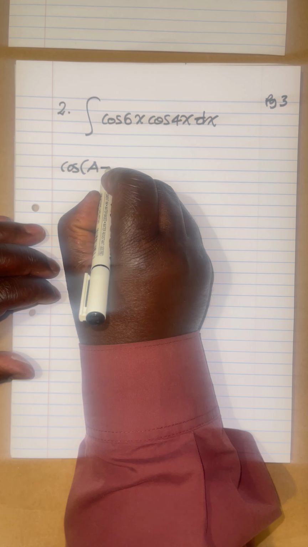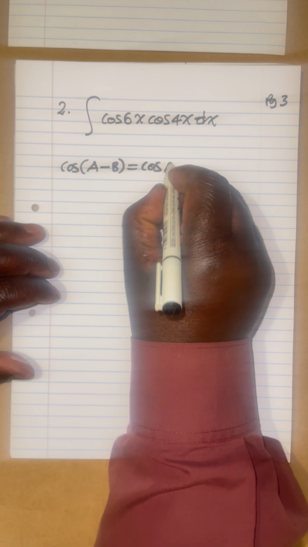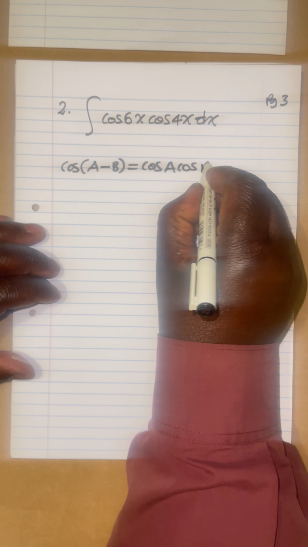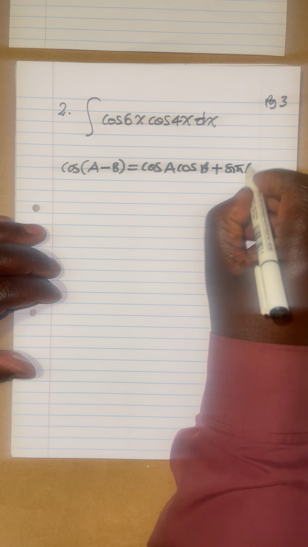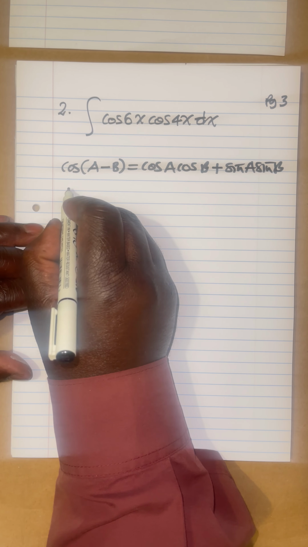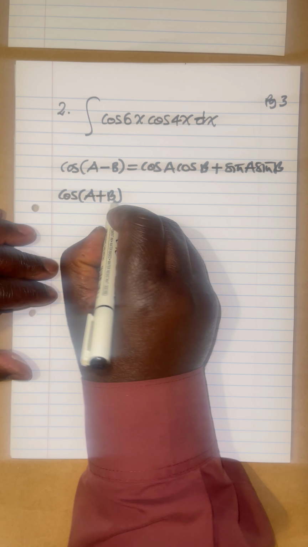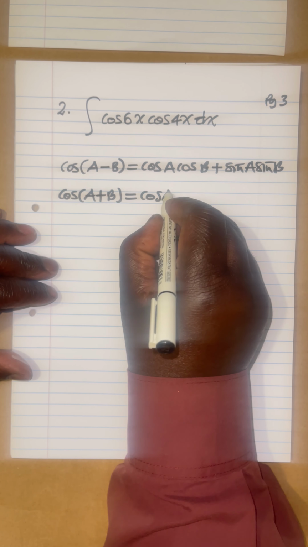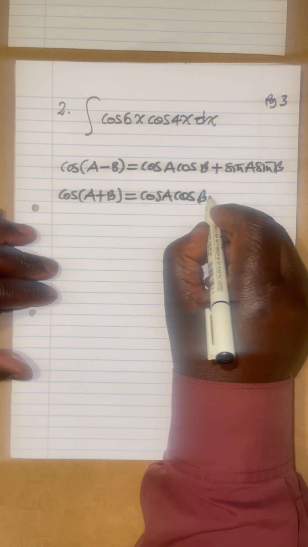Cosine of A minus B is going to be equal to cosine of A cosine of B, and then you have plus sine of A sine of B. The second one, we change the sign there. Cosine of A plus B is going to be equal to cosine of A, cosine of B, minus sine of A, sine of B.